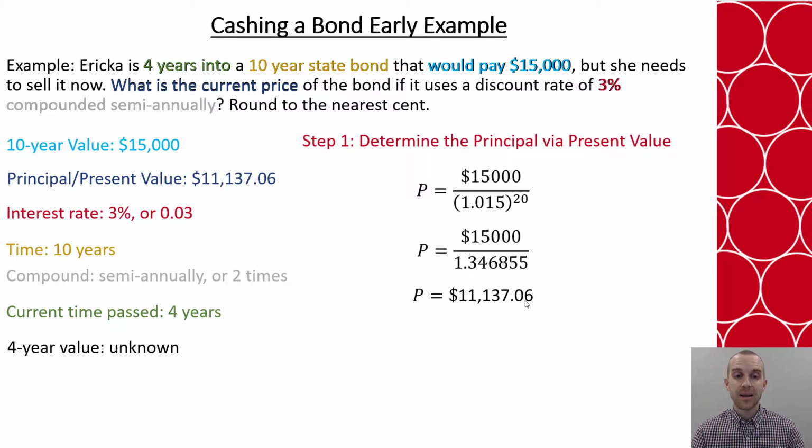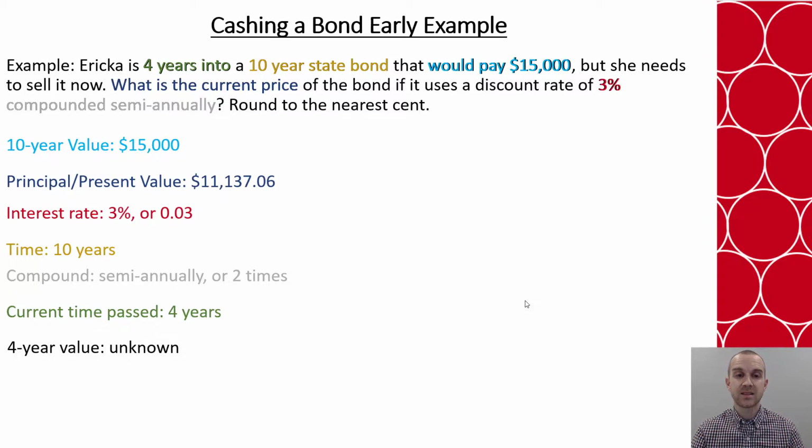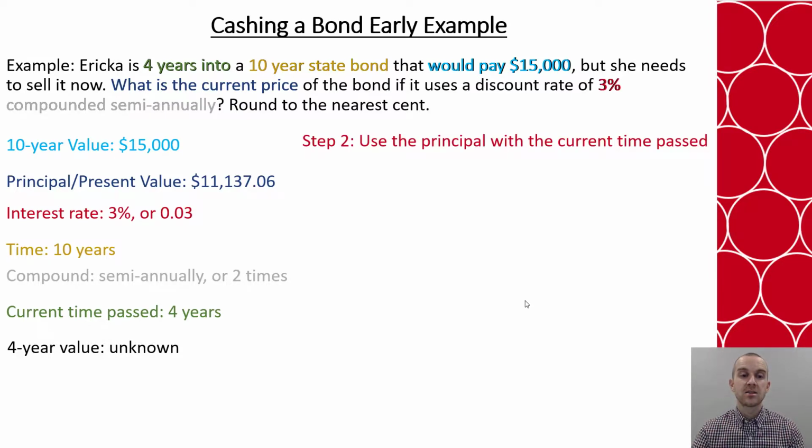Now with that, I can go back and say, all right, I've got a principal. I know now I've got to go 4 years. So I'm going to use the 4 years with this principal to figure out the value for where I am currently. So now I can use my compound interest formula, where A is going to be the value that I'm trying to find.